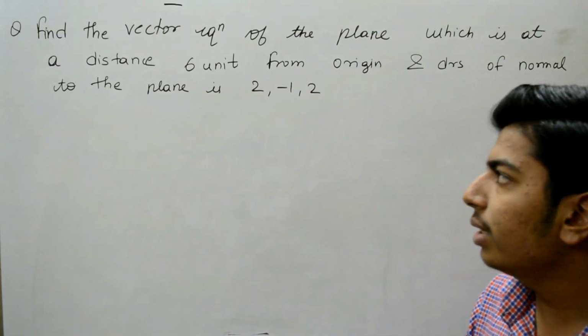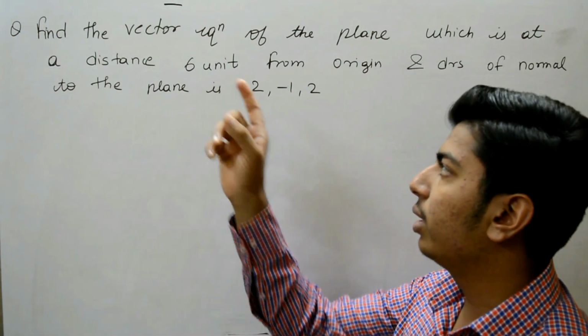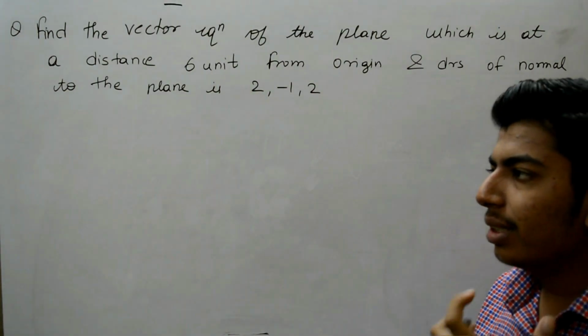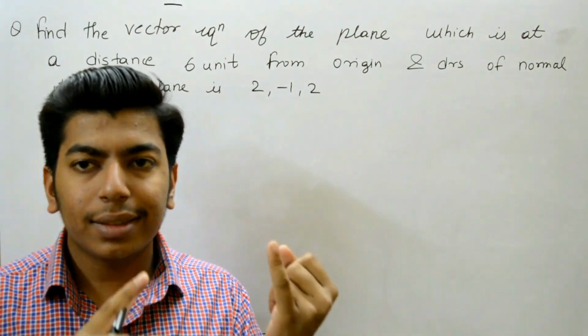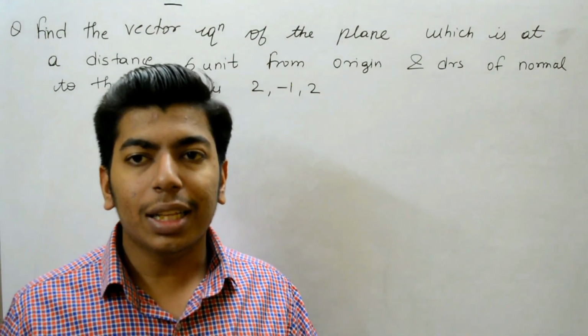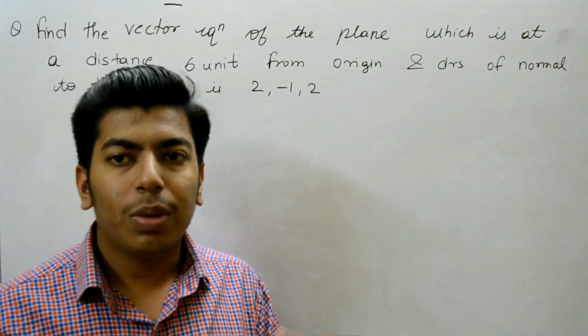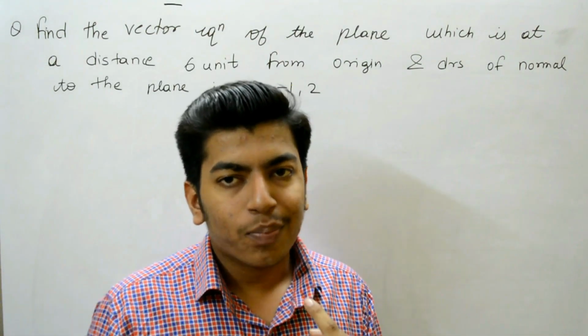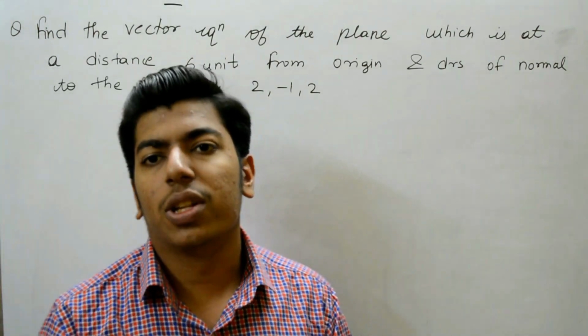The first is p, that is the perpendicular distance, 6 units, and the second is the direction ratios of the normal, which in general terms we have discussed as a, b and c.